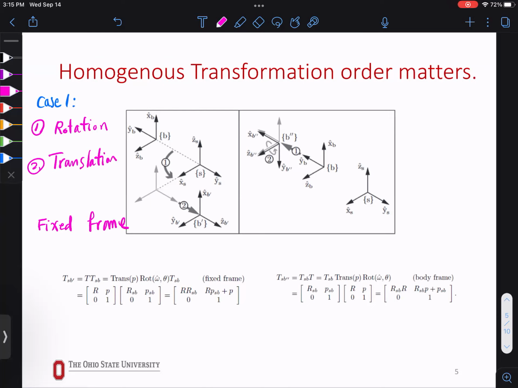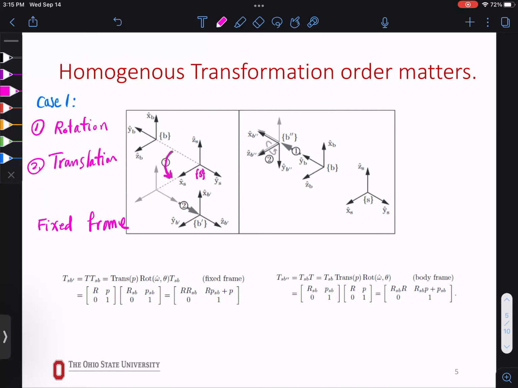So starting from S frame, this is our fixed frame. We are going to rotate about the Z axis of the fixed frame for 90 degrees. So this is the rotation, and we are going to end up here. Then we're going to translate about the Y axis of the fixed frame. So the whole thing is moved, everything happened about the fixed frame, right?